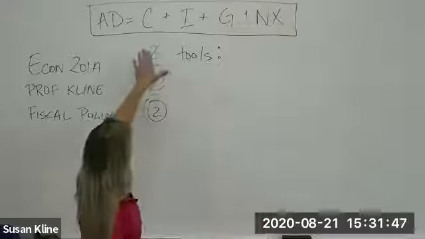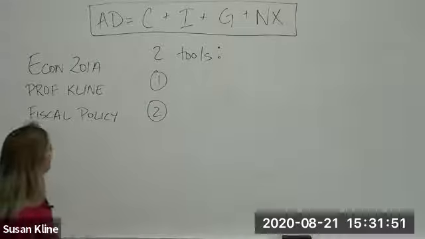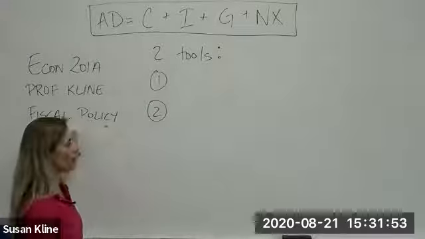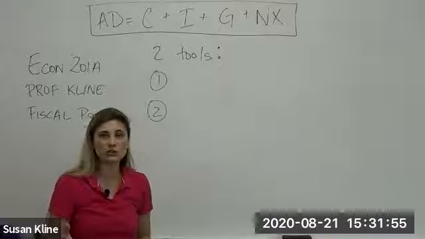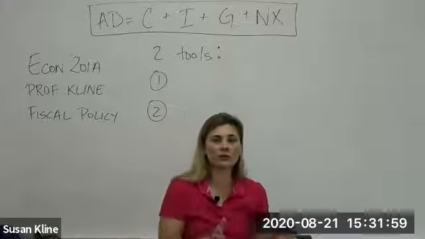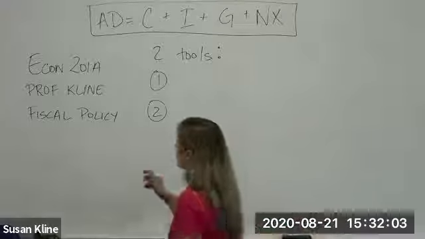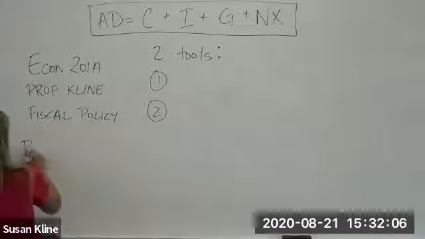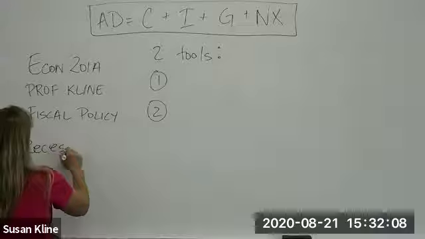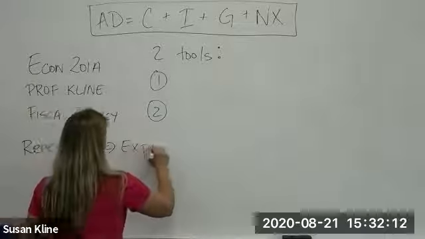So there are two tools in our fiscal policy tool bag, okay? And so again, as we think about fiscal policy, the idea here is to try to use the opposite policy according to whatever gap we are facing. So for instance, if we are facing a recession, then we want to implement expansionary policy.